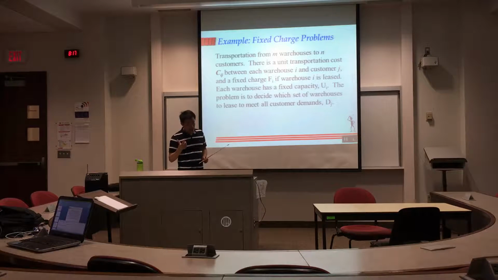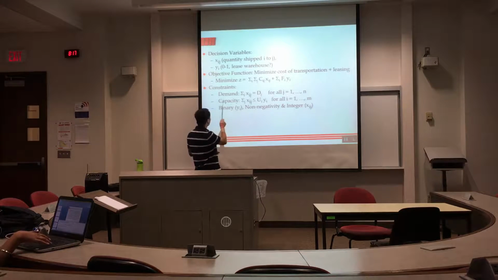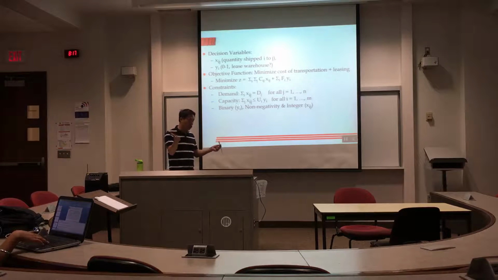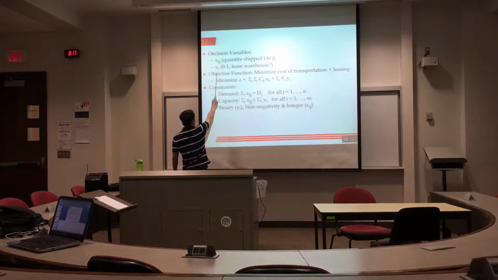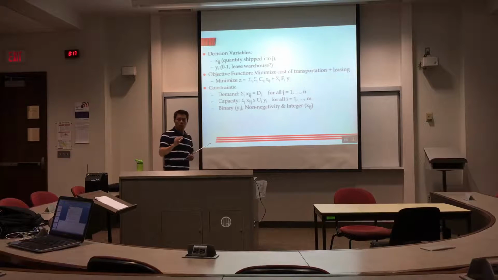So to lease or not, this is a binary decision. We can define xij as the quantity to ship, as usual. And now we have binary variables yi: if you lease warehouse i, yi equals 1. If you don't lease warehouse i, yi will be 0.